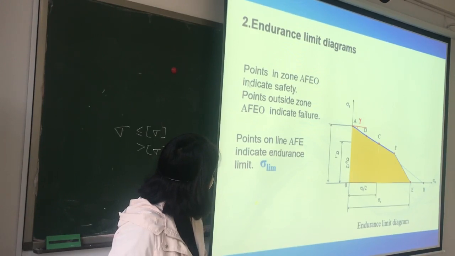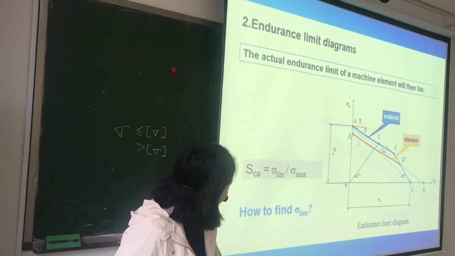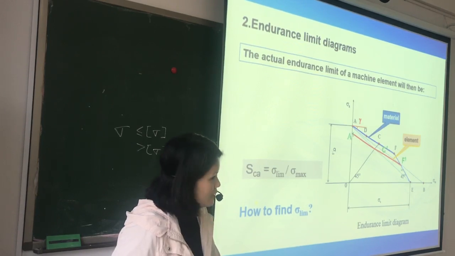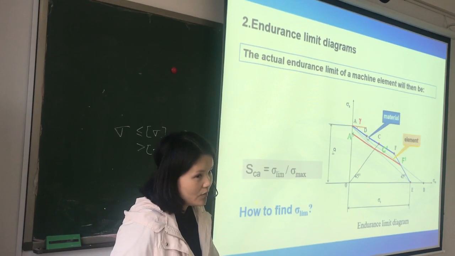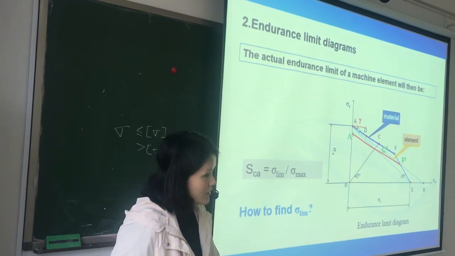This zone indicates safety. Okay, this is for the material, and the line A1, F1 represents the element's endurance limit, because the endurance limit of the element is less than that of the material, because the material is a standard sample.